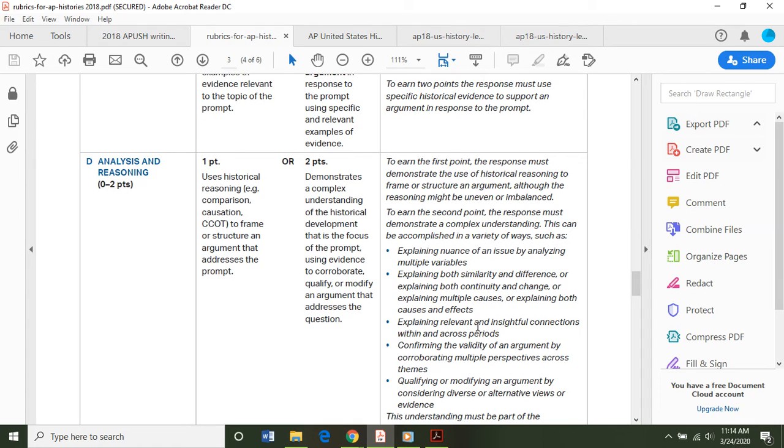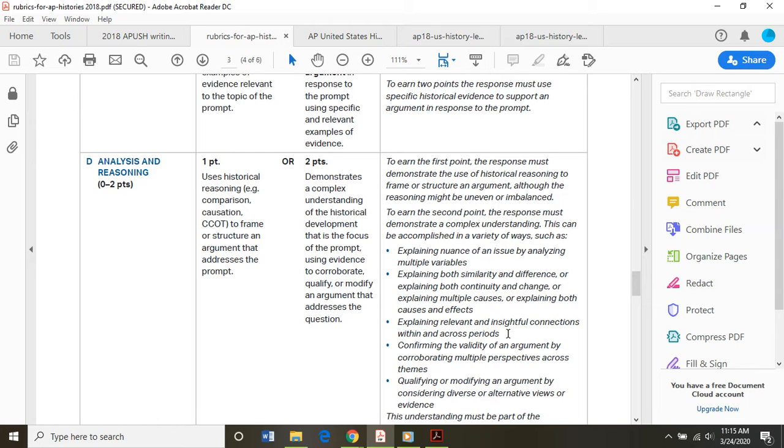This one here, explaining relevant and insightful connections within and across periods, is a technique or a thinking skill called synthesis. This used to be a standalone point for the APUSH rubrics and LEQs and DBQs.